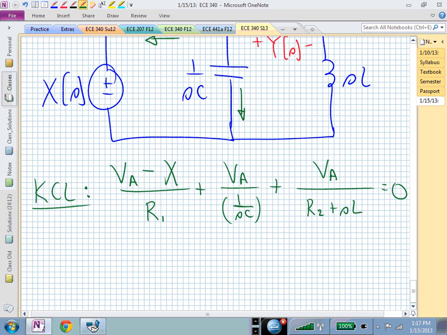Oh, I didn't want V sub A. Well, I do. How do I use V sub A to get my result? I need Y, don't I? But that's just the voltage divider, isn't it?